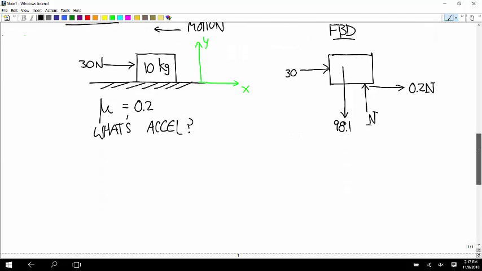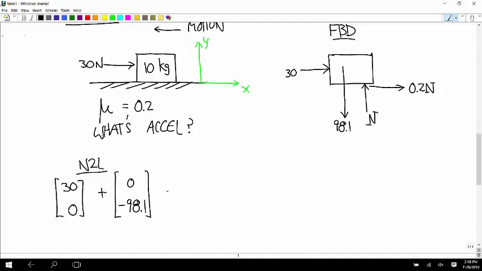Okay, so now go to Newton's second law. In this coordinate system, that 30 newton force is in the positive x direction. The weight force is in the negative y direction. The normal force is in the positive y direction.